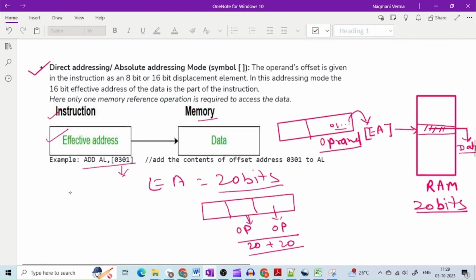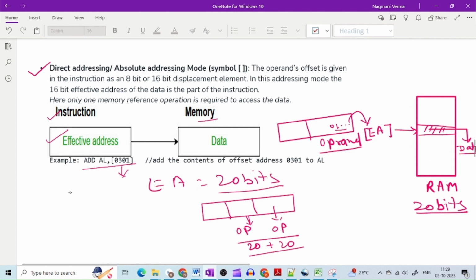So okay, let's discuss the example here. It is saying add accumulator to 0301. So 0301 will be the effective address.